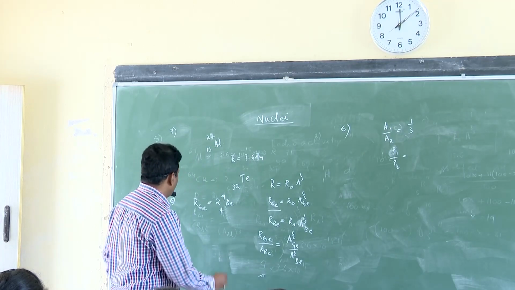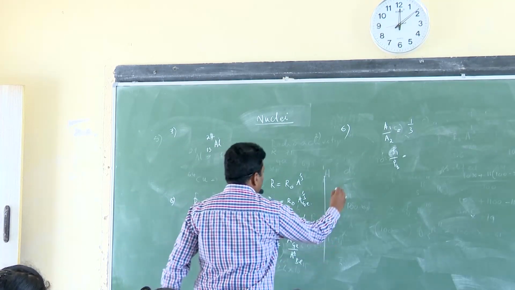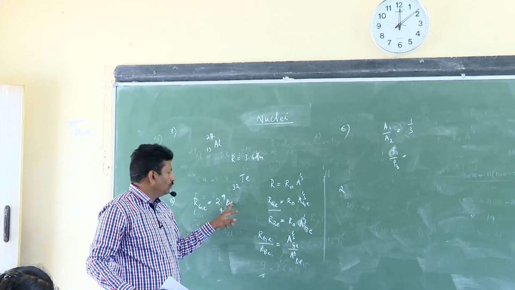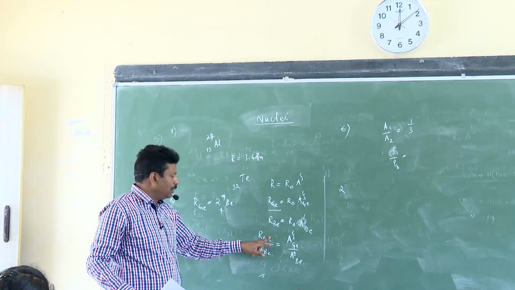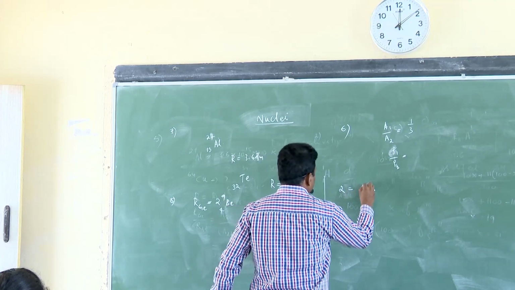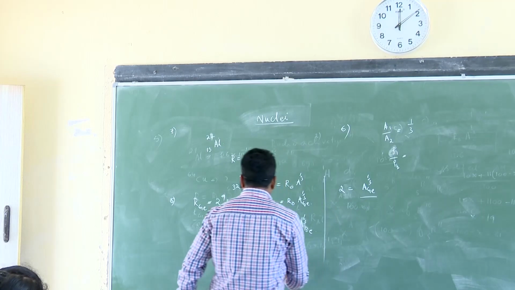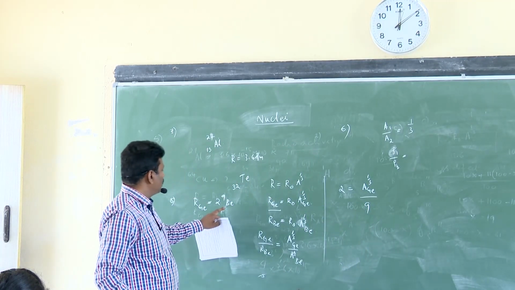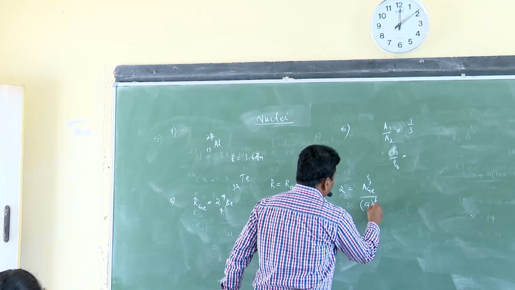Now they have given that germanium is twice beryllium. So in place of germanium I will write twice beryllium, so beryllium cancels here and I get 2. Now this is A germanium to the power of 1/3 over 9 to the power of 1/3 for beryllium.